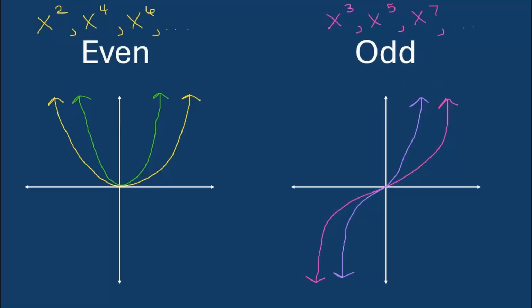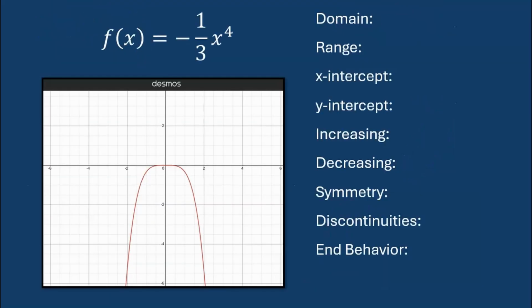Let's go ahead and analyze an even and an odd function. The first function we're going to look at using our handy-dandy online graphing calculator Desmos is an even function. I know it's an even function because the exponent is a 4, and 4 is an even number. There's a couple things I'd like to point out about this function before we start to analyze it.